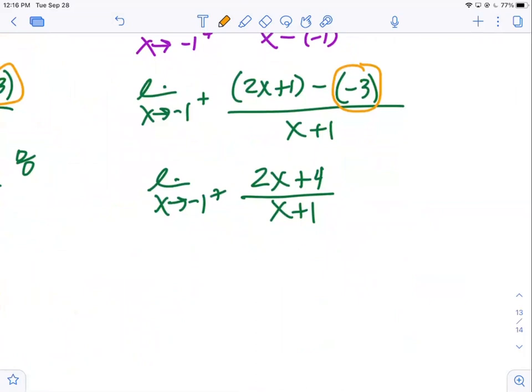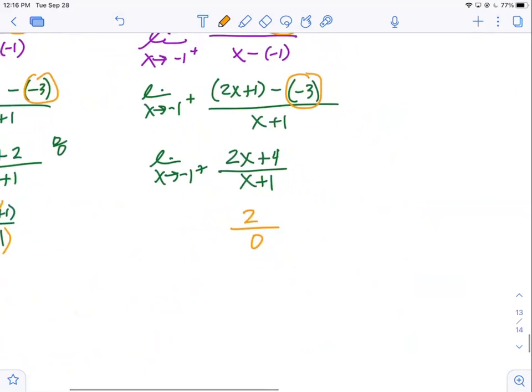And now when you plug in here, you don't get 0 over 0. You get 4 minus 2 in the top, which is 2 over 0. 2 over 0 is not an indeterminate form. What does 2 over 0 mean? It's some type of infinity, right? Non-zero over 0 is some type of infinity. I don't know if it's positive infinity or negative infinity, but it doesn't exist.